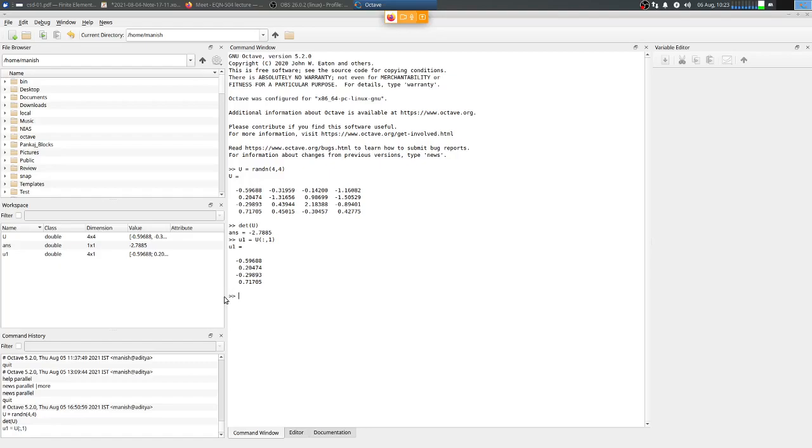So this is what vector U1 is, and similarly I do it for all columns. If I terminate it by a semicolon, then the output is suppressed.